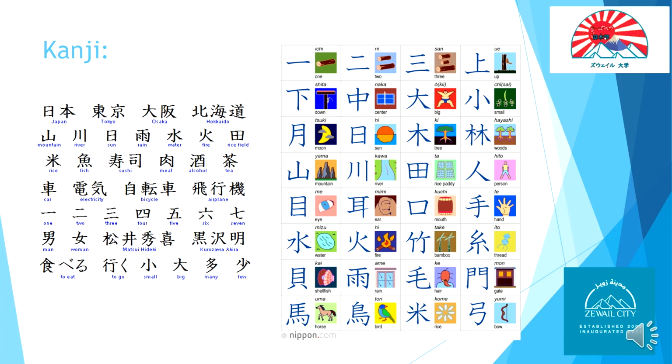As you can see, the best example I like to give is the kawa, the river. You can see the banks of the river and the flow of the river. From this they made the word kawa. Also Yama. There is Yama.